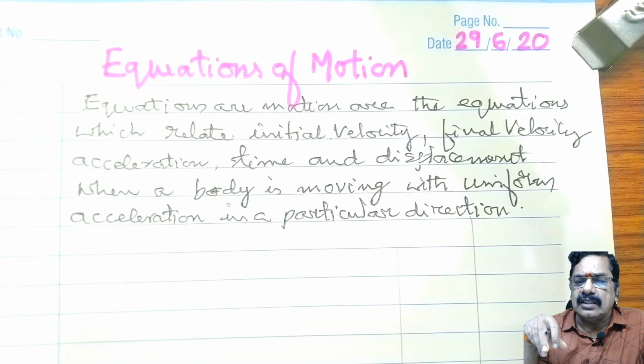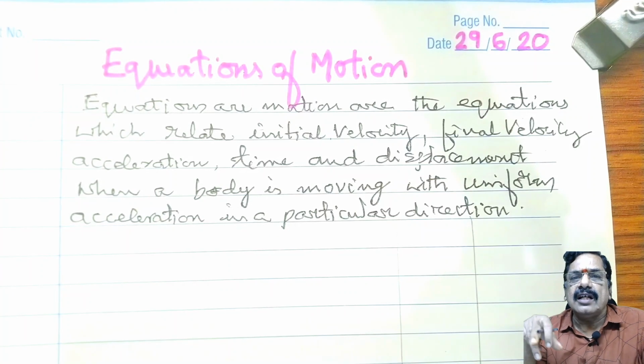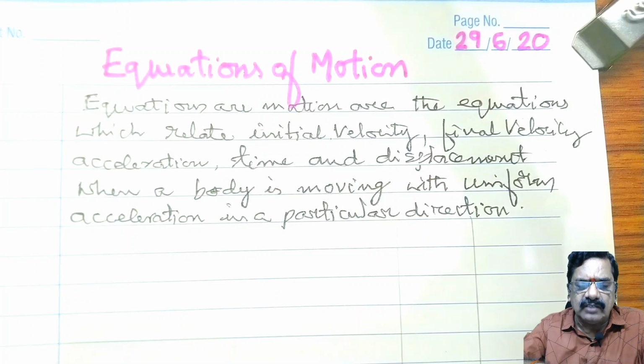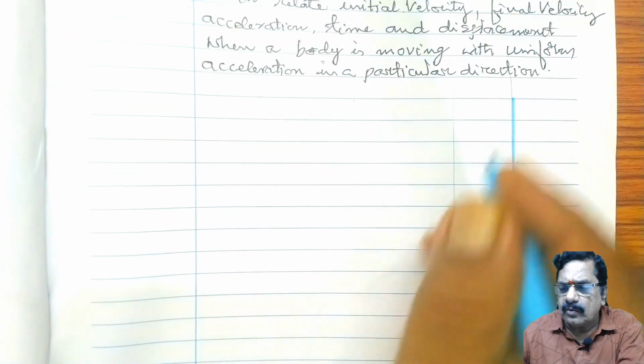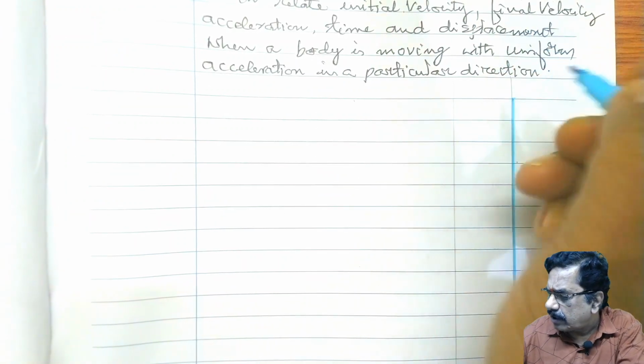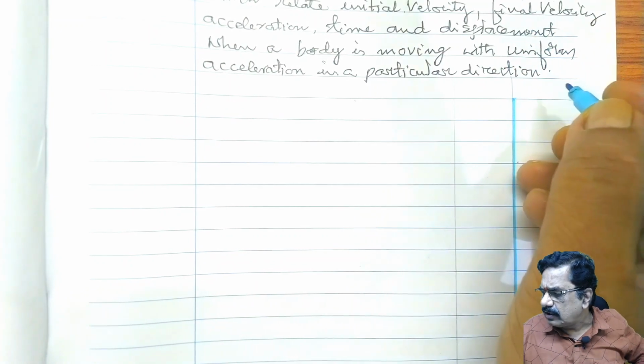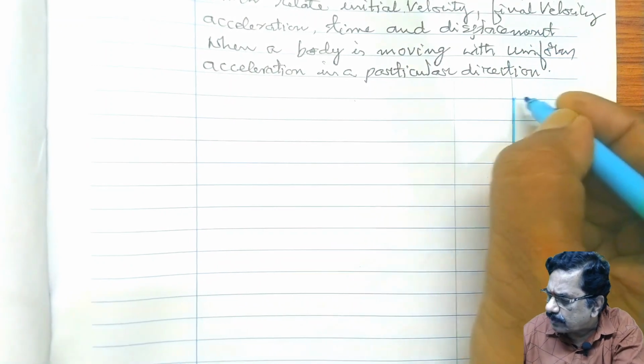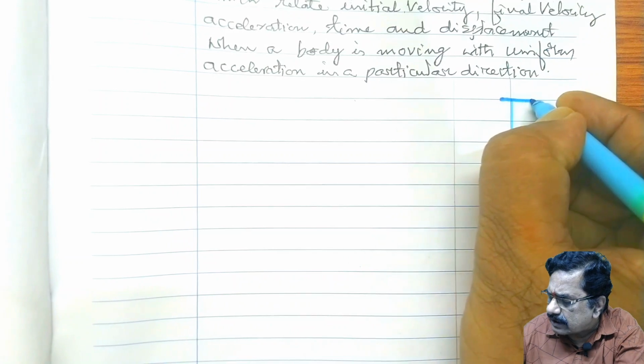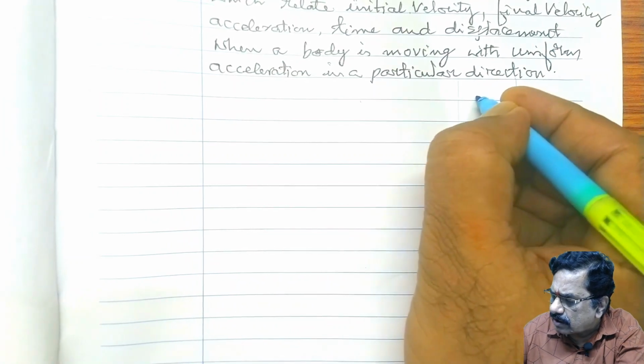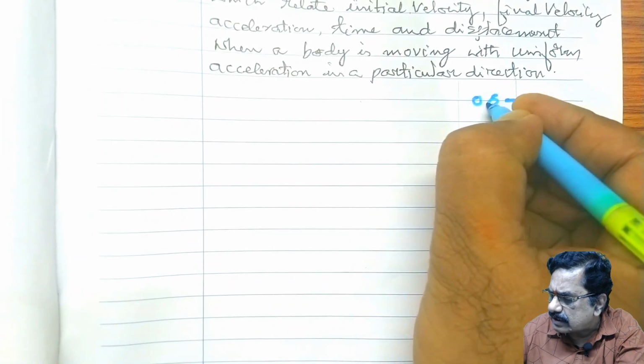First let me draw a simple diagram and then I will explain for a freely falling body in which uniform acceleration in a particular direction takes place. Now let us consider a body which is falling freely from this position, and this is the initial position starting from 0 seconds, time is 0 seconds.